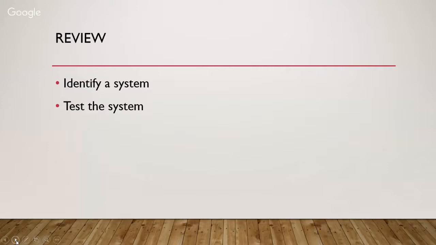I identified a system that I thought would work. I tested it and I shared it with you, and I've now backed up a little bit and revised my whole system of managing the task list or to-do list.